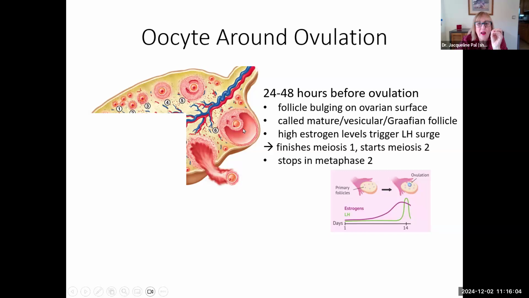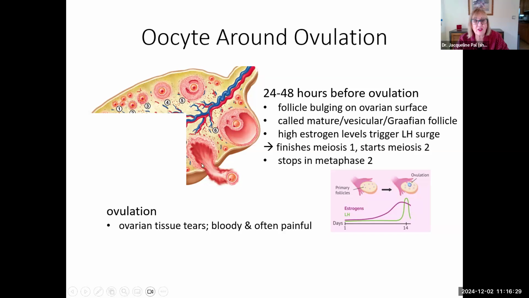And so that is what makes the oocyte finish meiosis 1 and start meiosis 2. And here's what's unique. It's not going to finish meiosis 2 before ovulation. It's going to stop in metaphase.